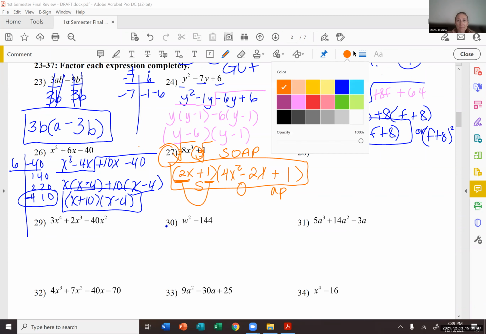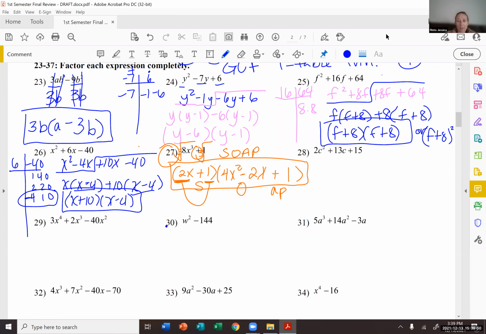All right, back to a trinomial in 28. So a trinomial, the B value is 13, A and C would be 30. Oh, this is great. It's all positive, so I know it's 3 and 10. So I'm going to change it to 2x squared plus 3x plus 10x plus 15.